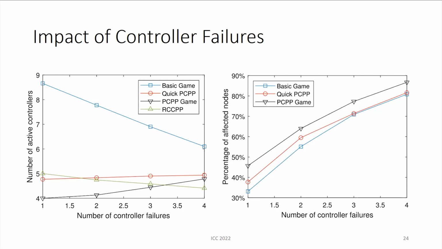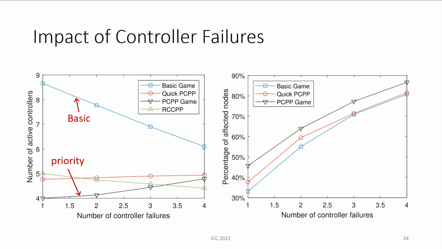Here shows the impact of controller failures. We have 1, 2, 3, 4 controller failures. As you can see on the left-hand side, the priority game needs more active controllers as the number of controller failures increases. On the other hand, the basic game actually needs fewer active controllers when controllers fail. The reason is the basic game actually places more than the needed controllers.